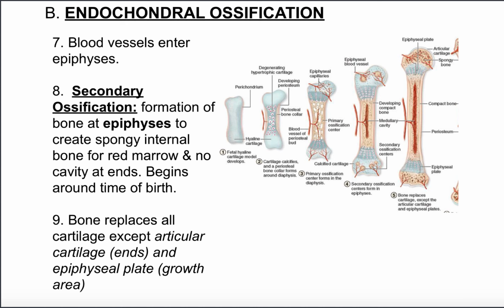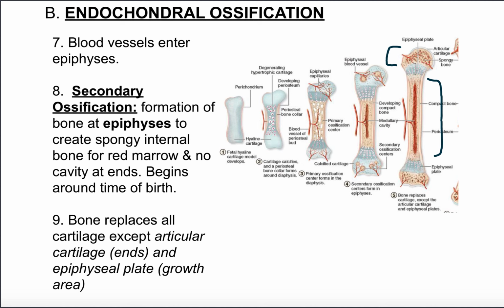So at that point, the middle of our bone in the shaft region, our diaphysis region, is compact bone, and maybe a tiny spongy bone, but mainly compact bone. And our epiphyseal region, the ends of our bone, have mainly spongy bone with a little bit of compact bone. And all that's left is some cartilage.